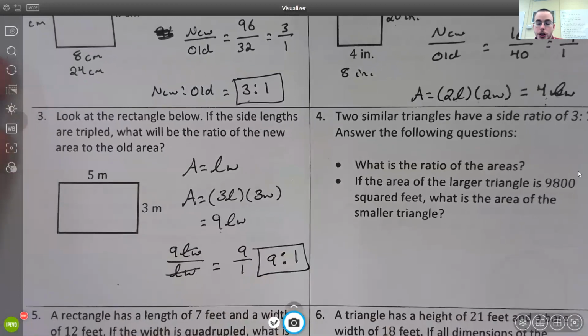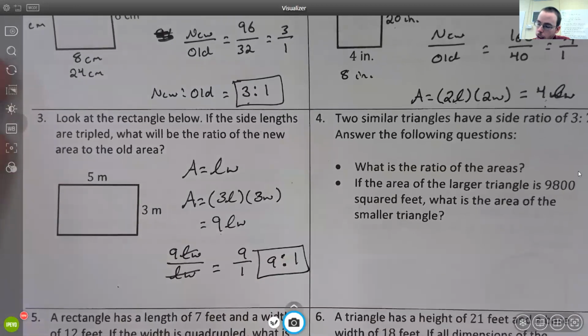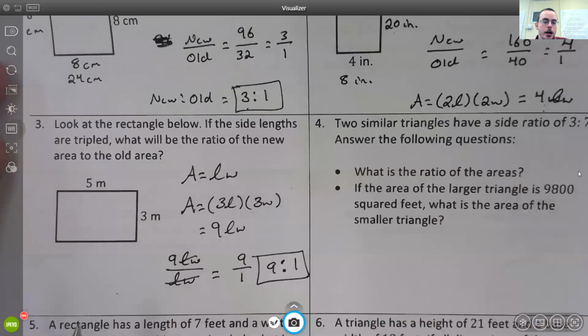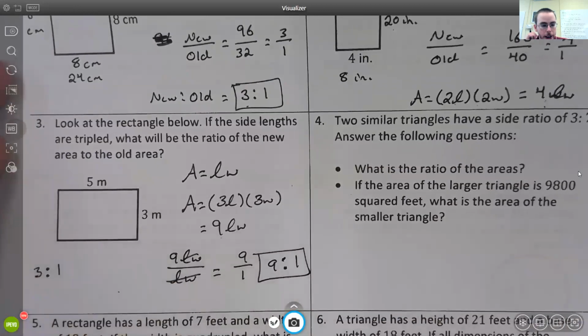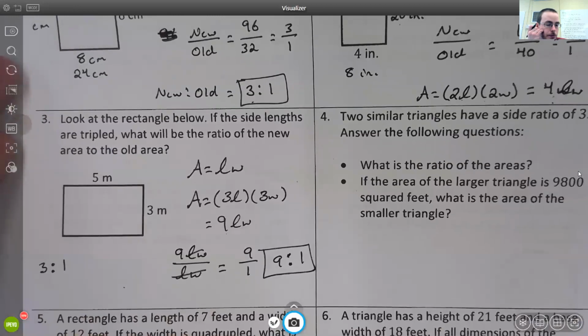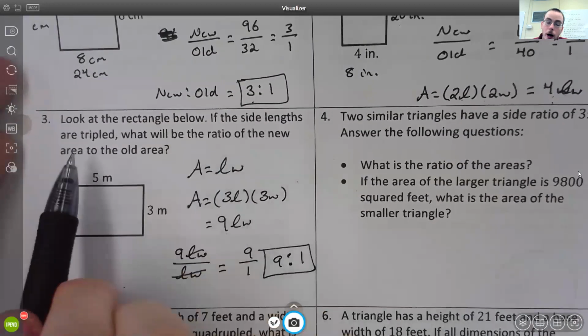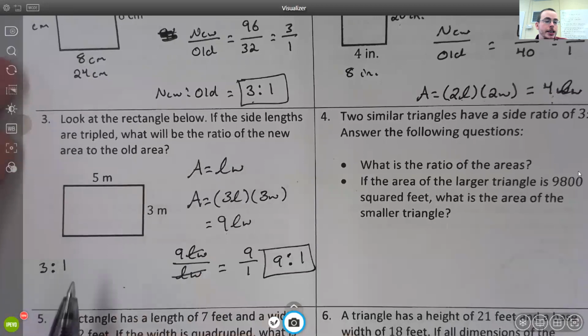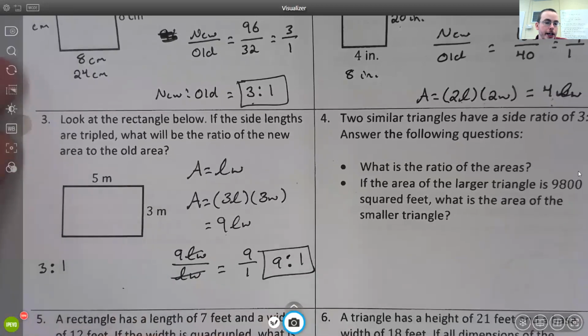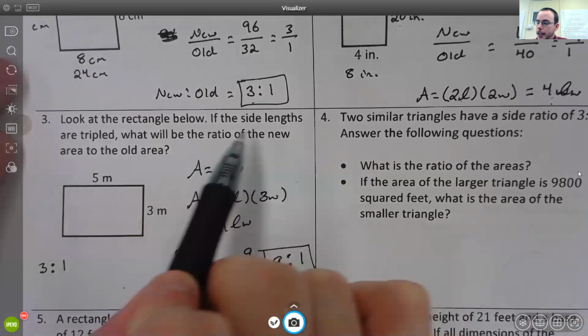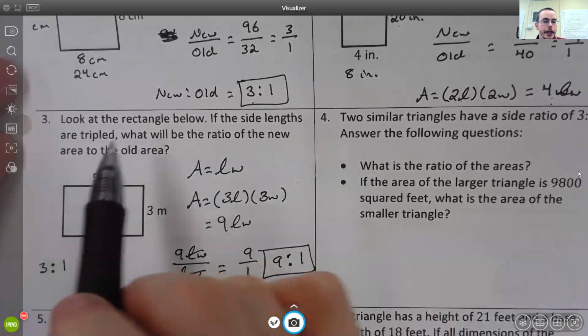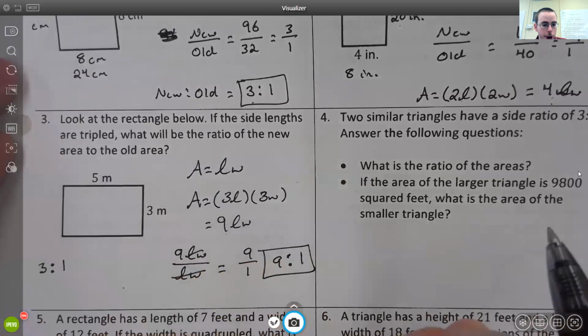The other way you could do this is by calculating it. You can also use the ratio of the sides. Now, we talked about this when we talked about similar figures. The side lengths are all tripled, so that means they all get increased by a factor of 3. Well, if we're looking at the ratio of the area, area is measured in squared units.